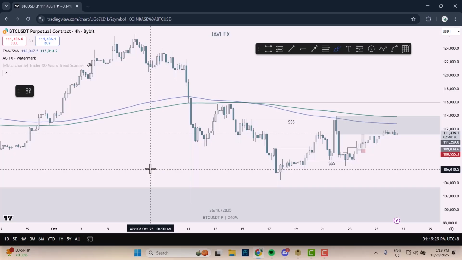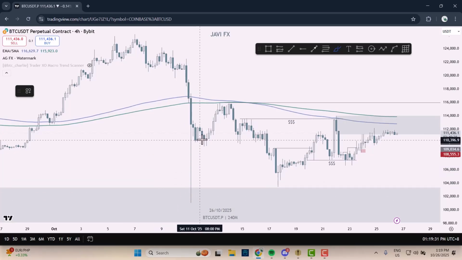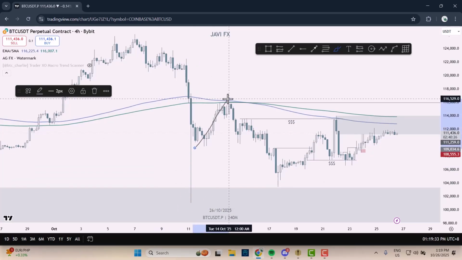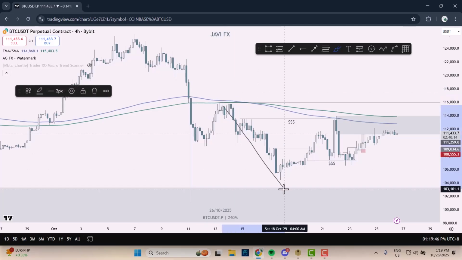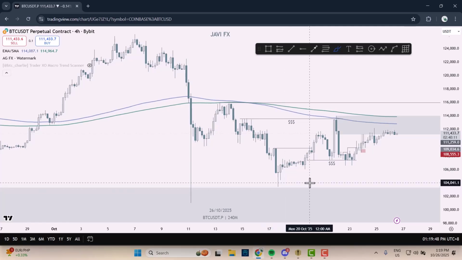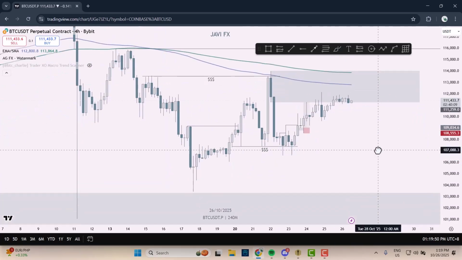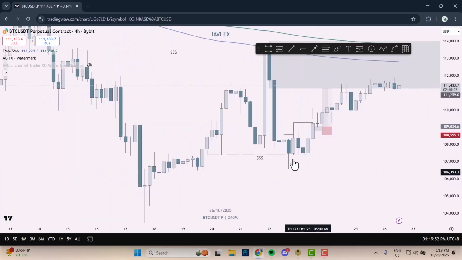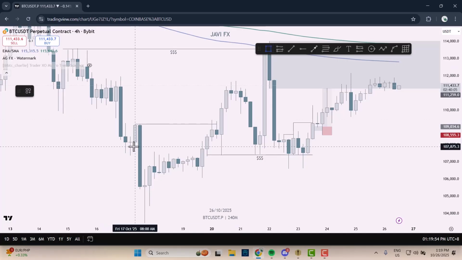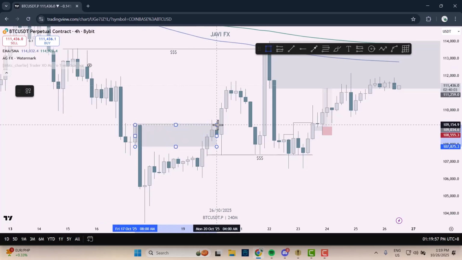And after that, we got some kind of mean reversion, and we were met with the 200 moving day average on the 4 hour time frame resistance, and then it pushed back down. And what we see here, we saw a supply failure.